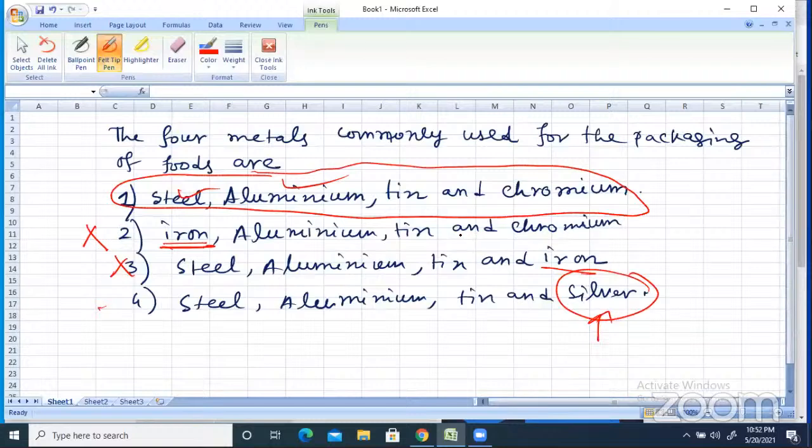Chromium can also be used with manganese and magnesium. Directly we don't find it, as an alloy you can use. It is used as a coating, chromium coating, nickel, lacquering.